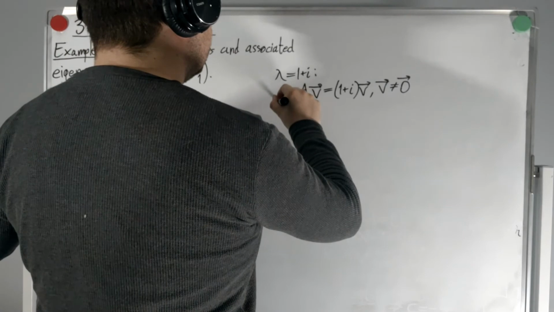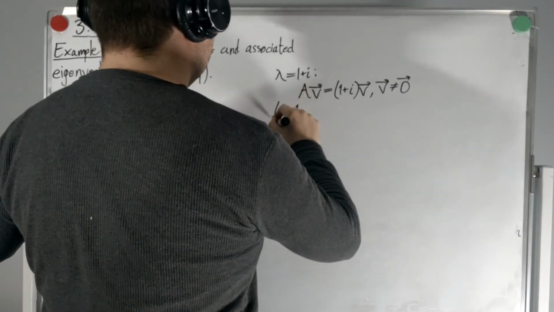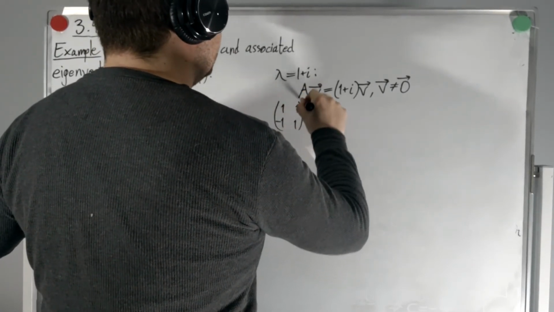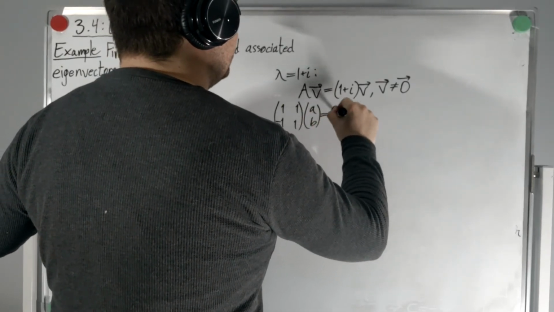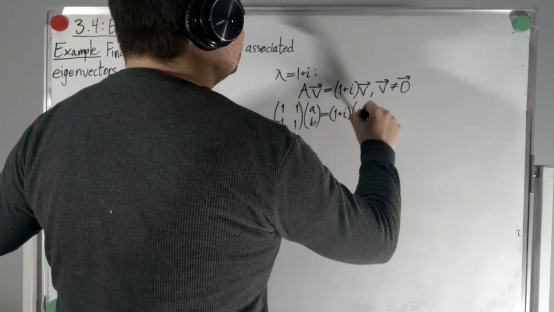This is the matrix 1, 1, negative 1, 1, multiplied by (a, b) equals 1 plus i times (a, b).